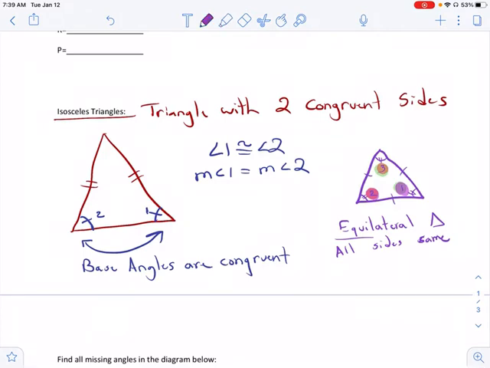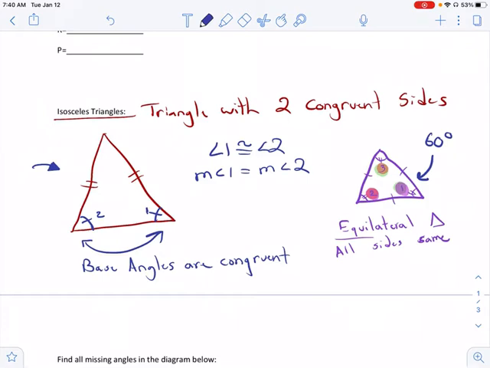So equilateral becomes a little bit more powerful because I can also just say that every angle has to be 60 degrees. I can't do that same thing here, be able to tell what those angles are without being given at least one of those angles. But it's also important to realize that as soon as I'm given one of those angles, then I can go and figure out the other two.